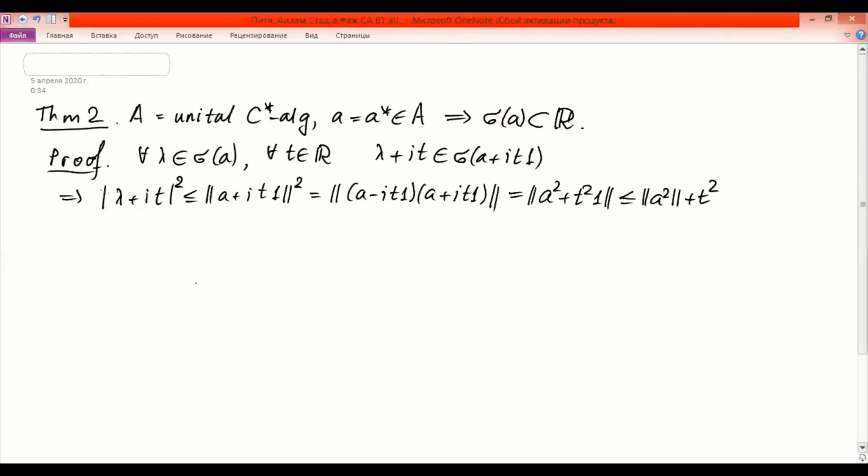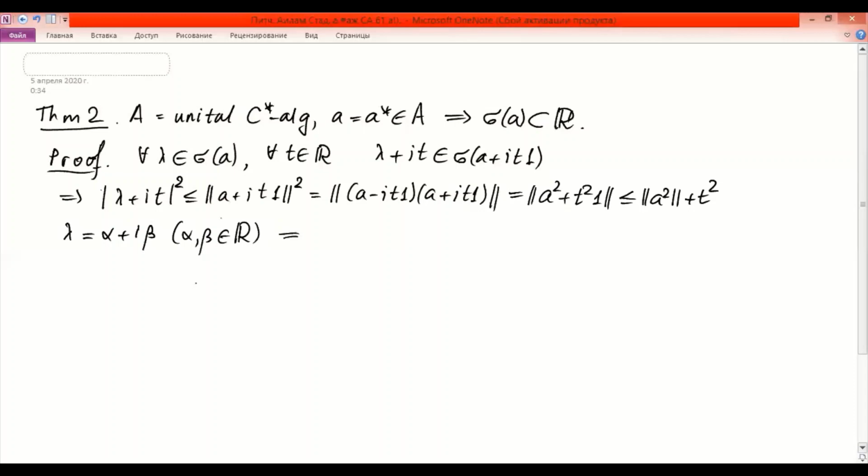Okay, let's now write lambda in the form alpha plus i beta, where alpha and beta are real numbers. Substitute it here. So lambda plus it, well, the real part of lambda plus it is alpha, and the imaginary part is beta plus t.